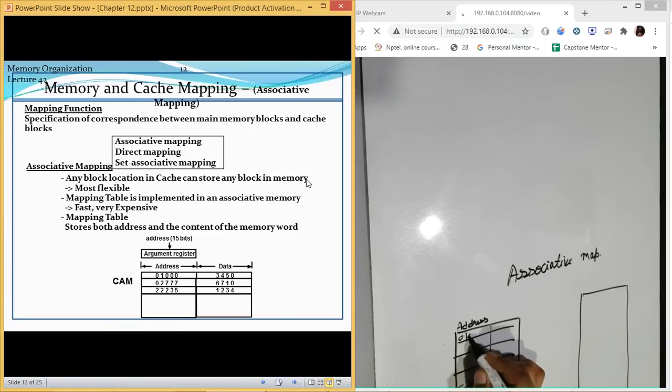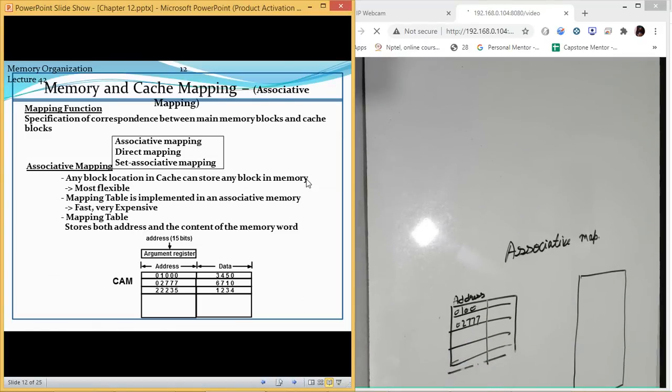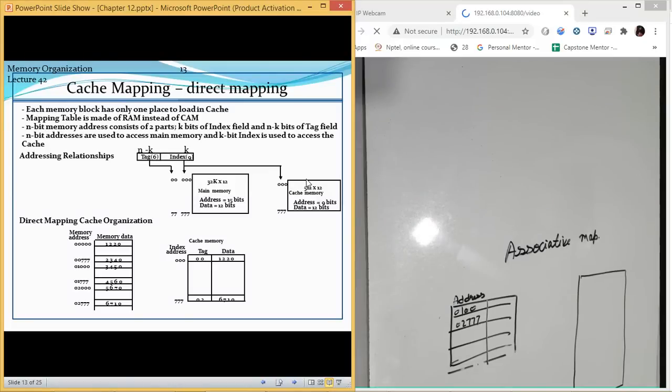This is our address, then, as an example, a second, third, fourth, any address. But all the addresses we are going to use are stored inside the content addressable memory. Even though it is written as address, they are also stored as data. And for that we have the first type of mapping, that is associative mapping.